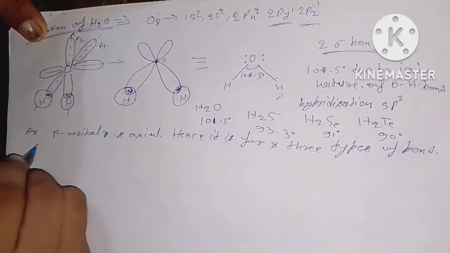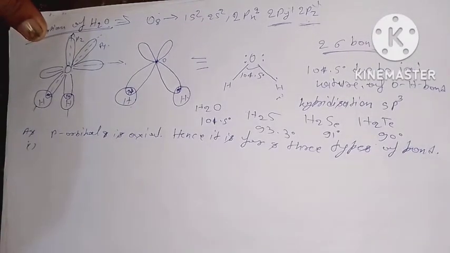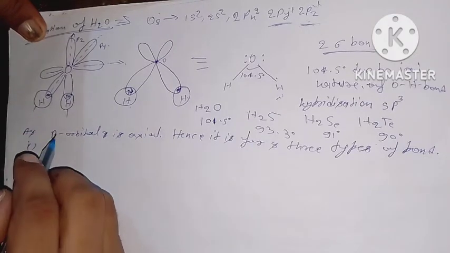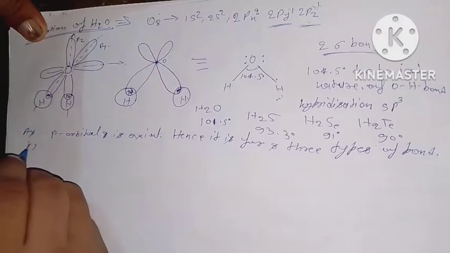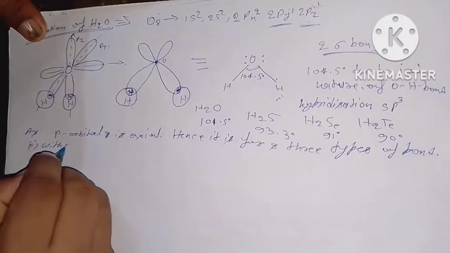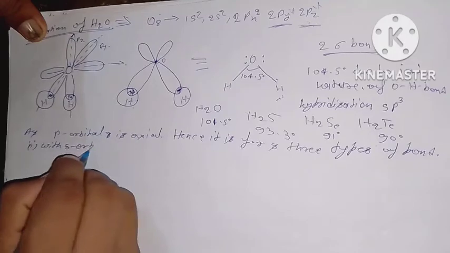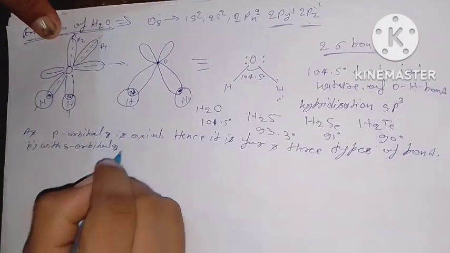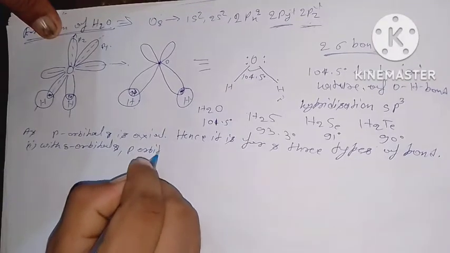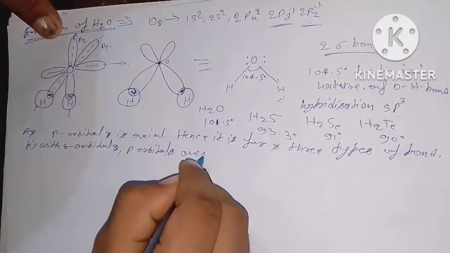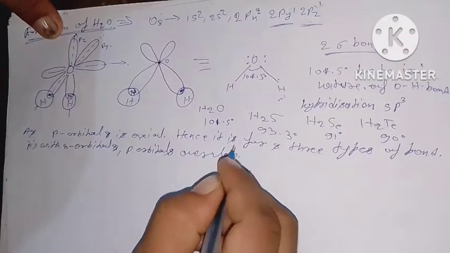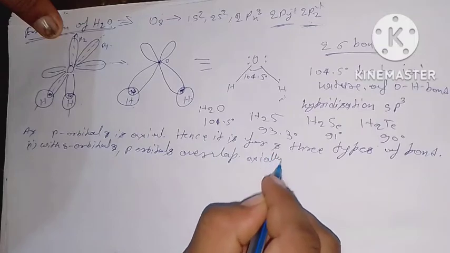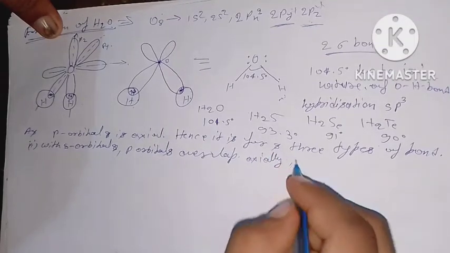First, p orbitals overlap axially with s orbitals, due to which a sigma bond is formed.